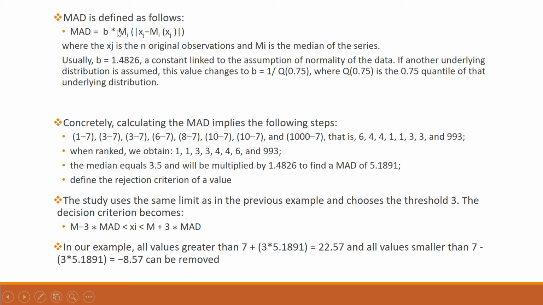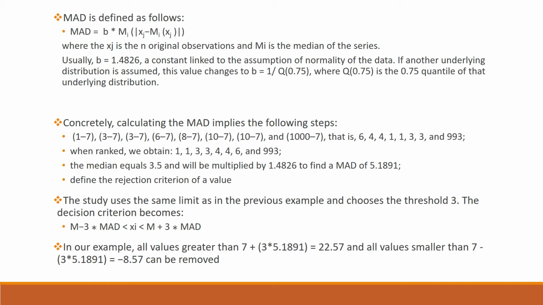That is, we will be subtracting from each value in our series the median of the series, take absolute value of each, and then calculate the median of the resulting series, and then multiply the median with b to find out the MAD. We will see the process with numbers soon. Now here xj is the original series and mi is the median of the series.